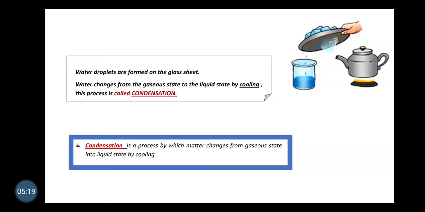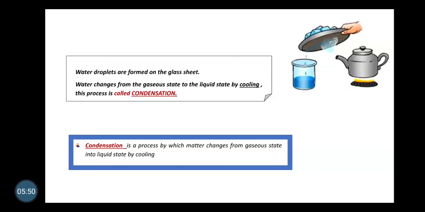The third one: we have a glass of hot water, and I will cover it and put something cold near it. We will notice that water drops form on the cover because the gaseous state changes into the liquid state. Water droplets are formed on the glass sheet.